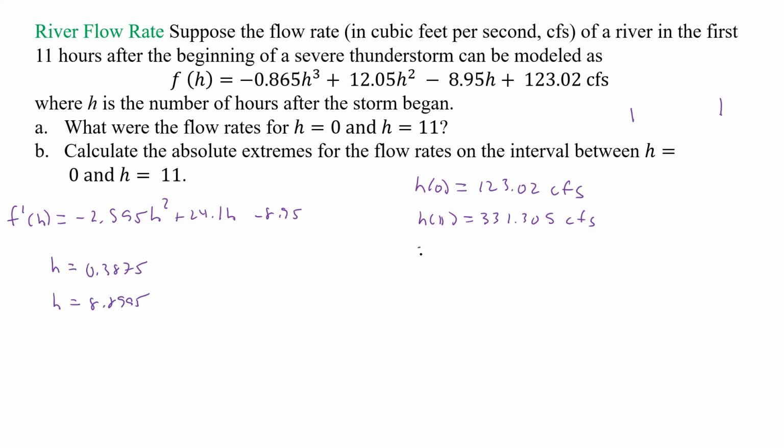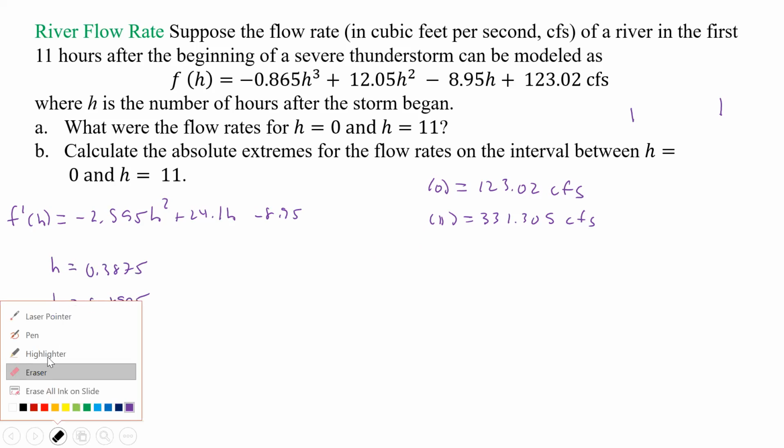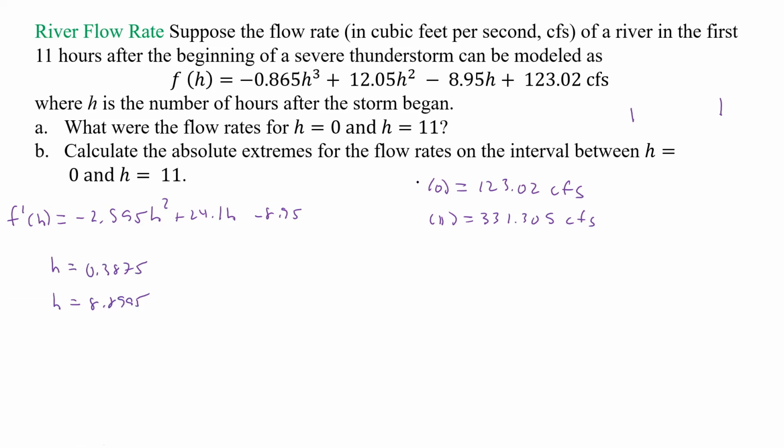Then we went over here and said, oh, these are f's, not h's. Too many h's and f's. We should just use f and x always. So f of 0.3875 was 121.311 CFS, and f of 8.8995 was equal to 388.047 CFS.